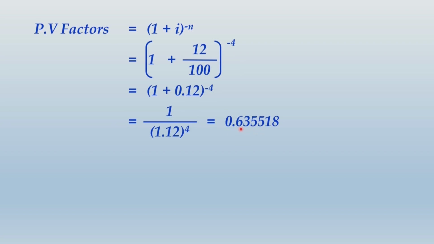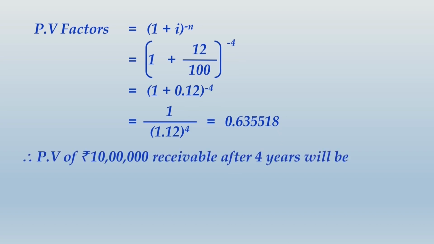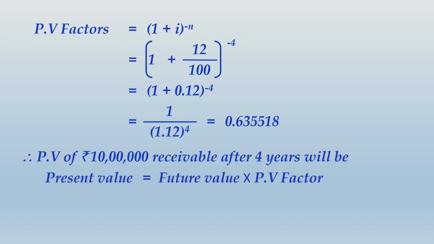Now this is 0.635518. When we multiply this to 10 lakhs, that is the future value, you will be getting the present value as a result. So we can say, therefore present value of rupees 10 lakhs receivable after 4 years will be future value multiplied by PV factor, that is rupees 10 lakhs multiplied by 0.635518, and that present value comes to rupees 6,35,518.